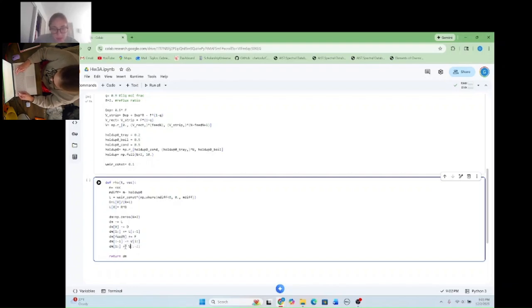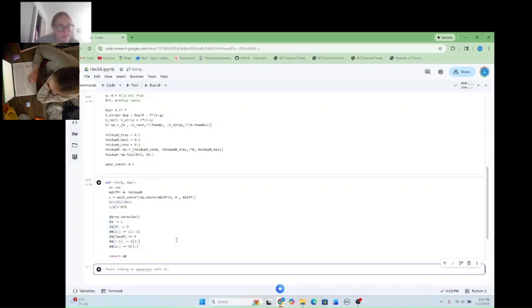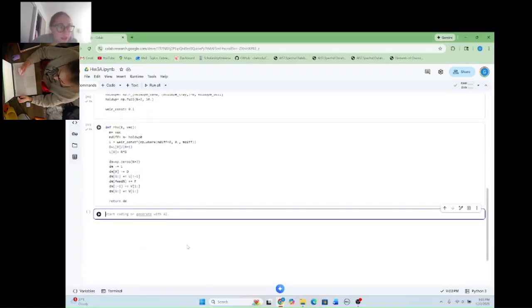Okay, then our vapor will be the same. There you go. Okay, let's see if there's any, I don't think there's any mistakes. So next we can go on to making our graph.